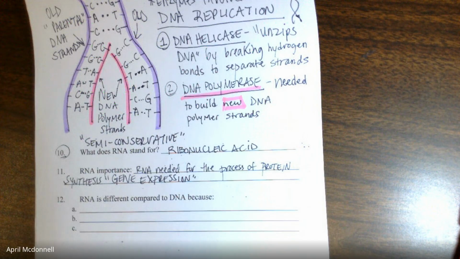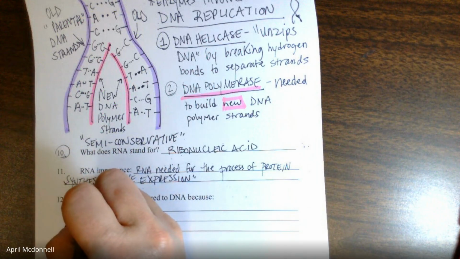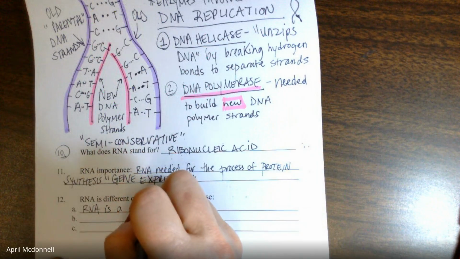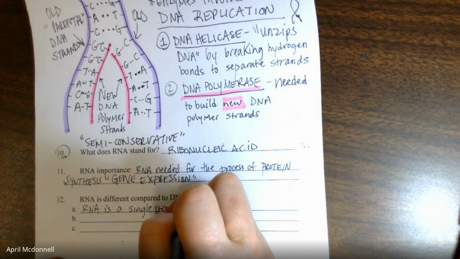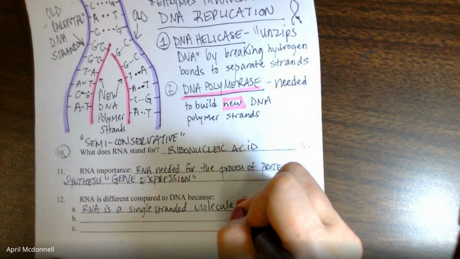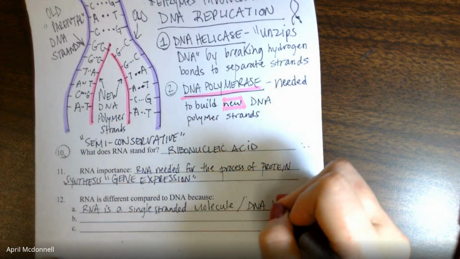RNA and DNA are similar, but they do have some differences. One of the first major differences is that RNA is a single-stranded molecule, and DNA is double-stranded.